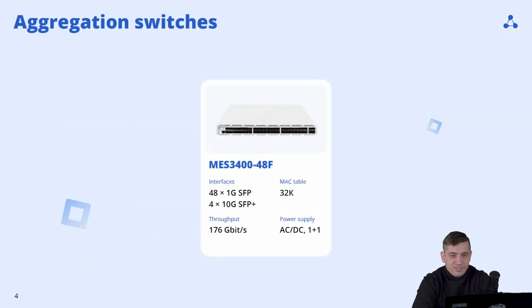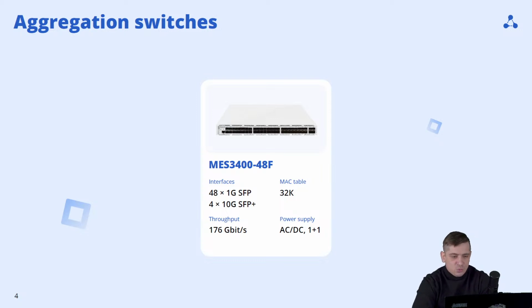As for aggregation switches, you may already know the very popular switch MES 340040 rate without any postfix, without any label. This year we elaborated it and supplied the switch with a total of 48 fiber interfaces, so it is marked by the F label.